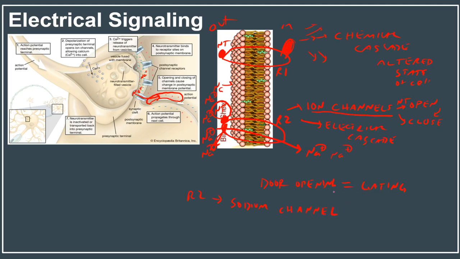Okay, and we are learning that one thing that can gate sodium channels is neurotransmitters. Neurotransmitters can gate ion channels, and that can lead to an electrical signal. Because we've done it. All you need to do is open the gate.